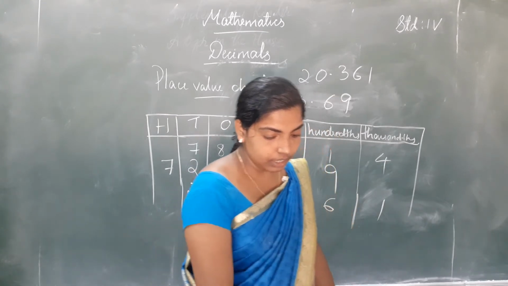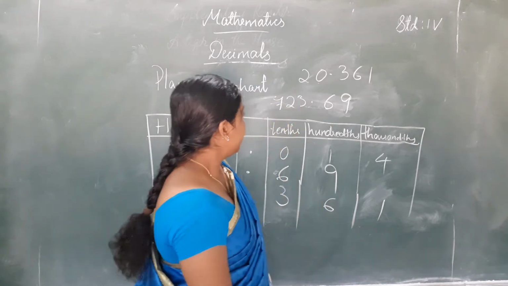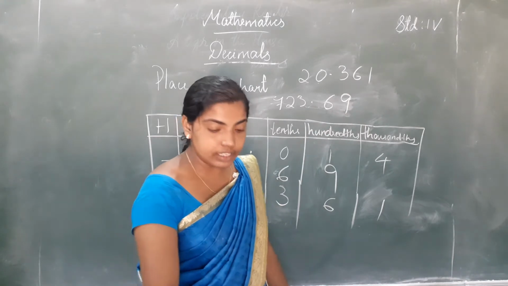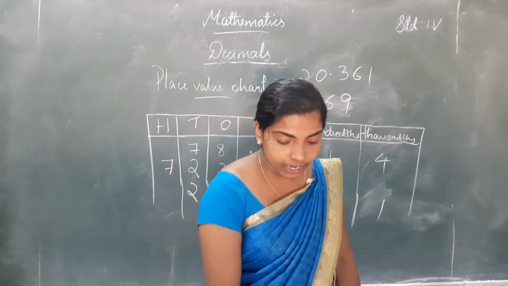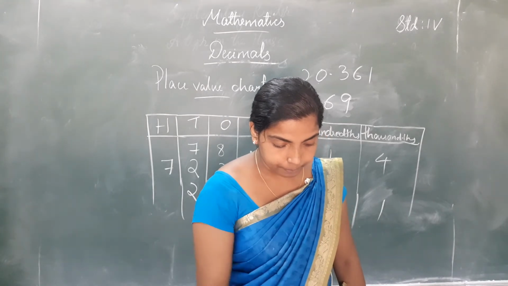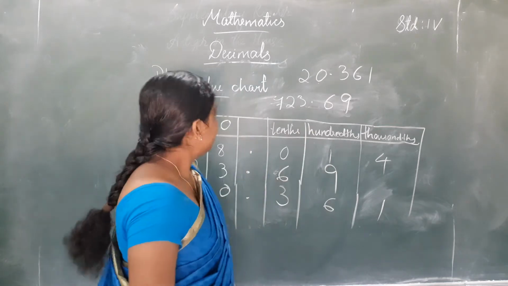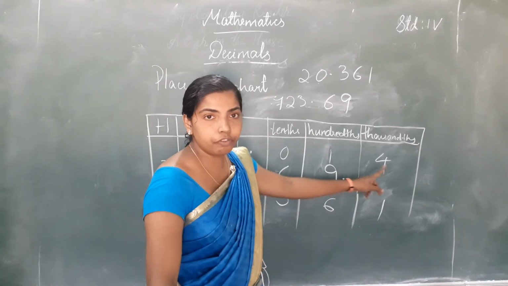And some more thing is there. Now our decimal fraction can be converted into decimal numbers, and decimal numbers can also be converted into decimal fractions. Okay, now see a number here, 78.014.